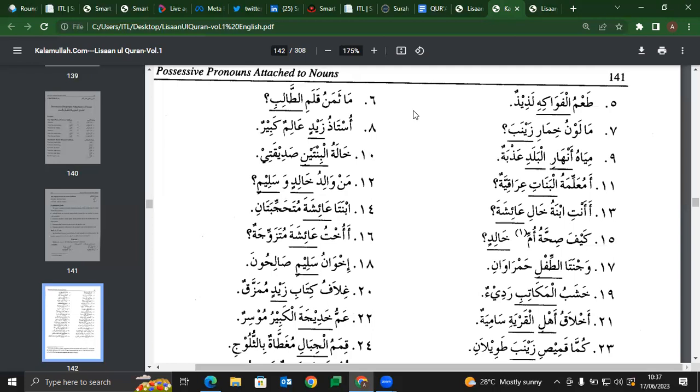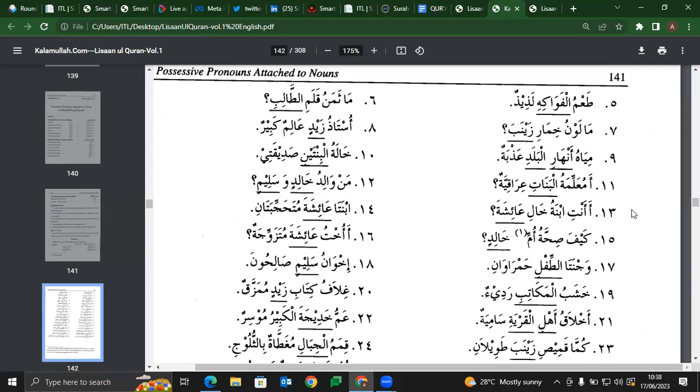Can we do some sentence which is hadir or mutakallim? Go to number 13. Anti ibnatu khali Aishata. Anti means you, so it's referring to a second person, right? That is how we come to know it is hadir.